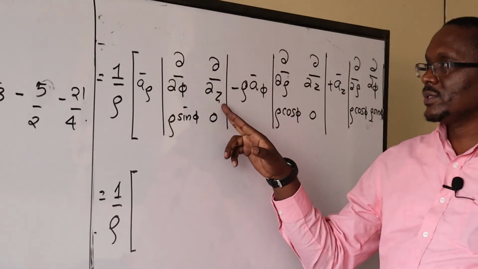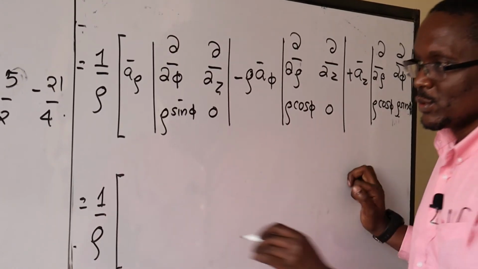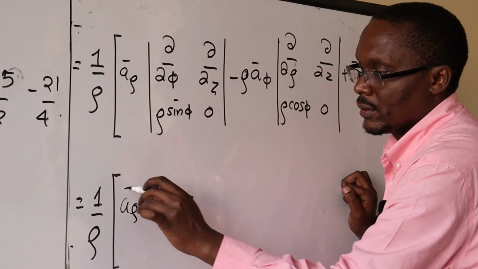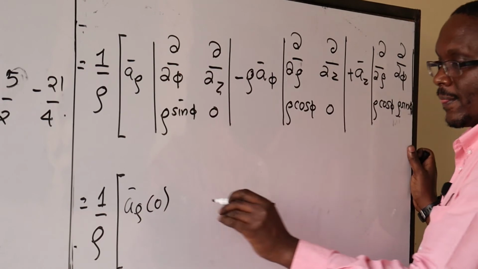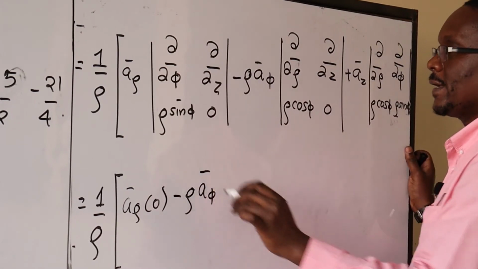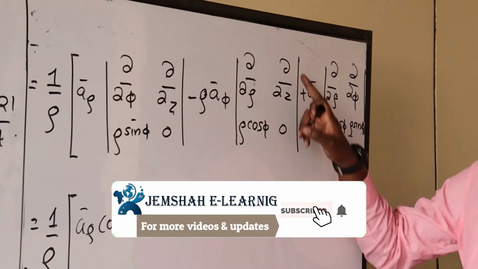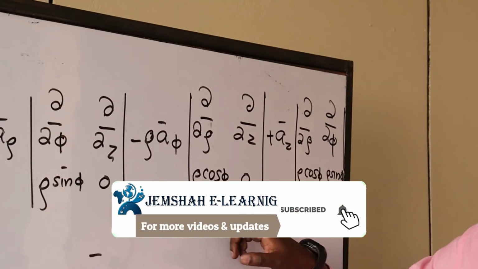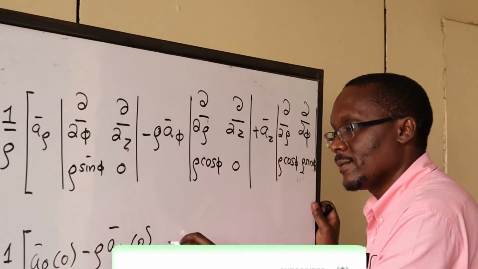Here, because we are differentiating with respect to z and there is no z term here, this will be a rho in bracket 0, nothing here. The solution becomes 0. Then minus rho in the direction of a phi. Again, this to that is 0, that to that also is 0 because we don't have a z term here. So that translates into 0.